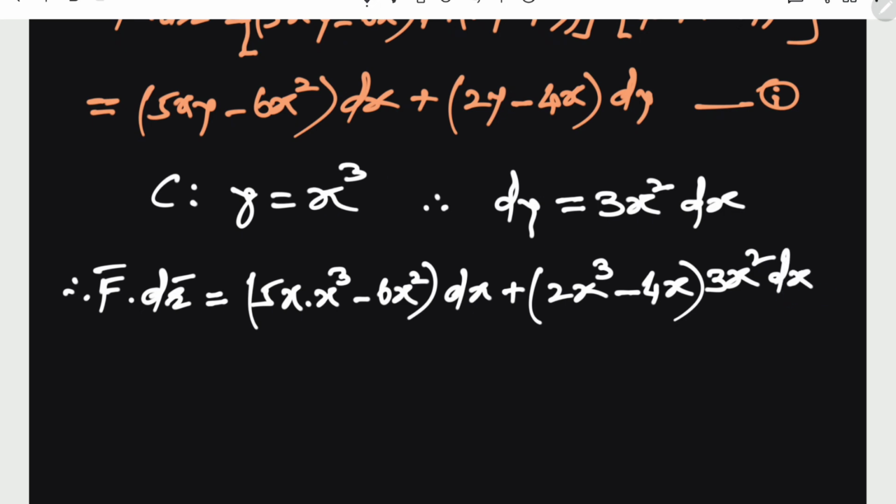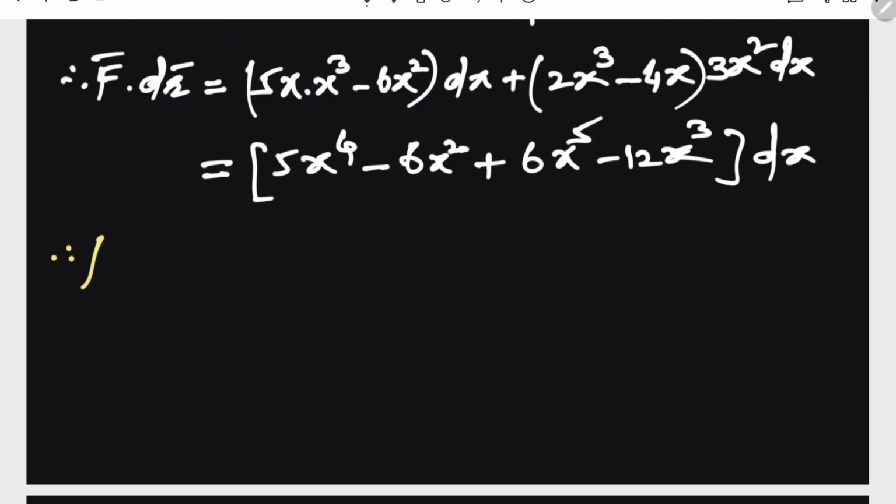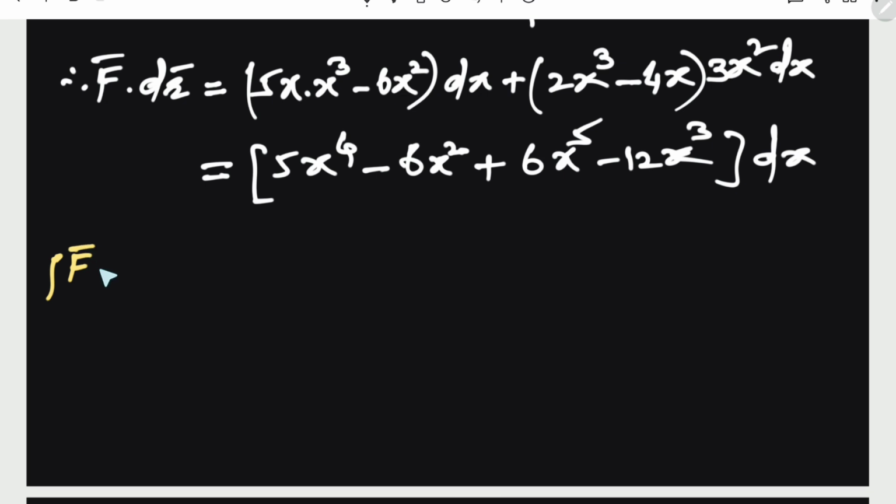Then taking dx common from these terms, we get the terms as 5x raised to 4 minus 6x square, plus 2x cube into 3x square becomes 6x raised to 5, and the third term is minus 12x cubed, multiplied by x square, into dx.